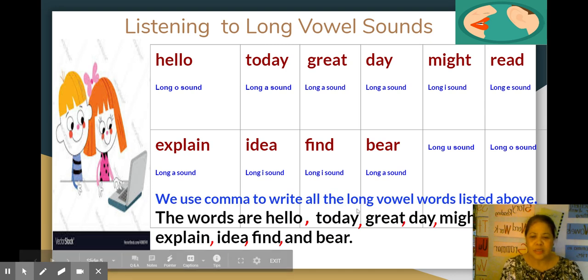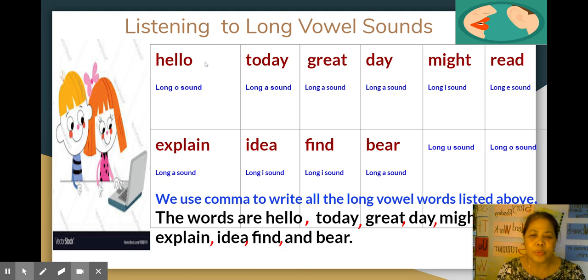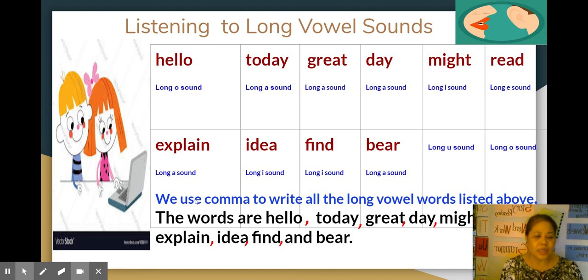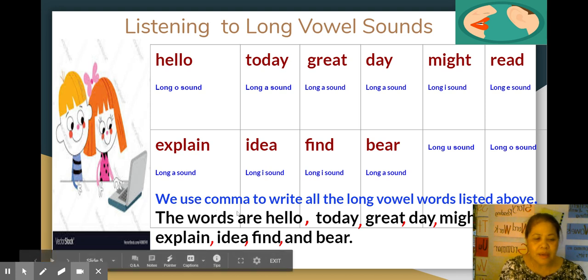Okay. We are going to list down all the words here that have a long vowel sound. And whenever we list words in a series, three words in a series or more, we always make use of a comma. And I have it here.